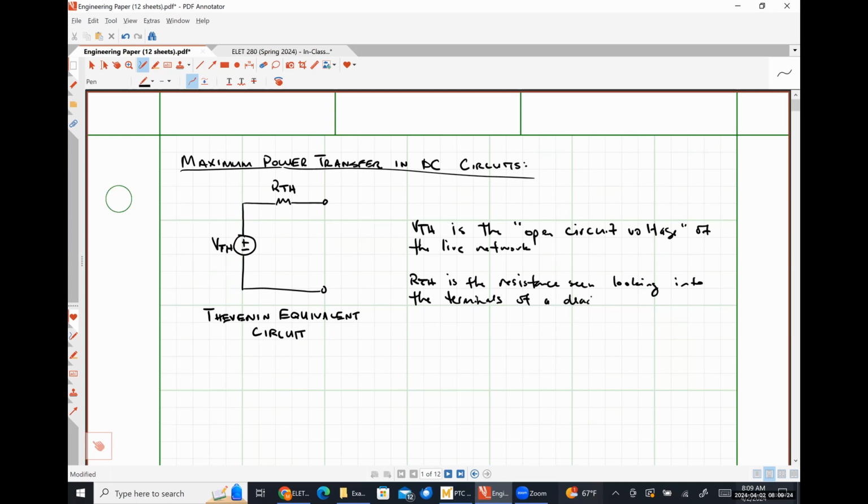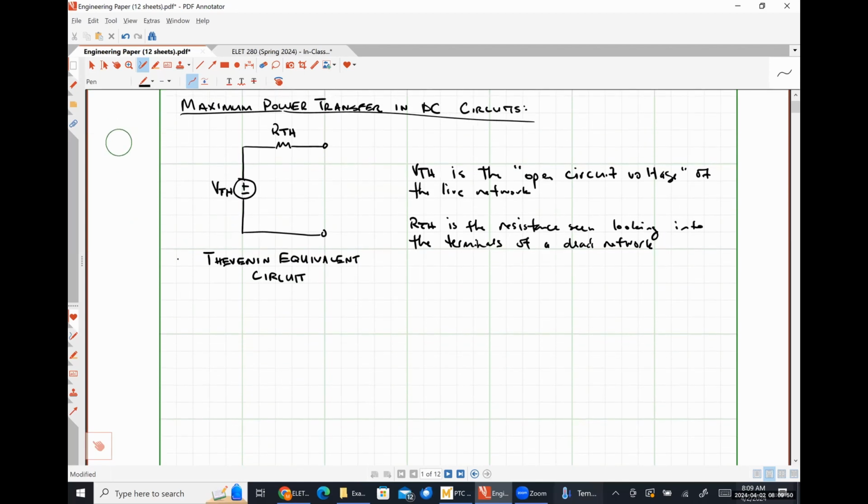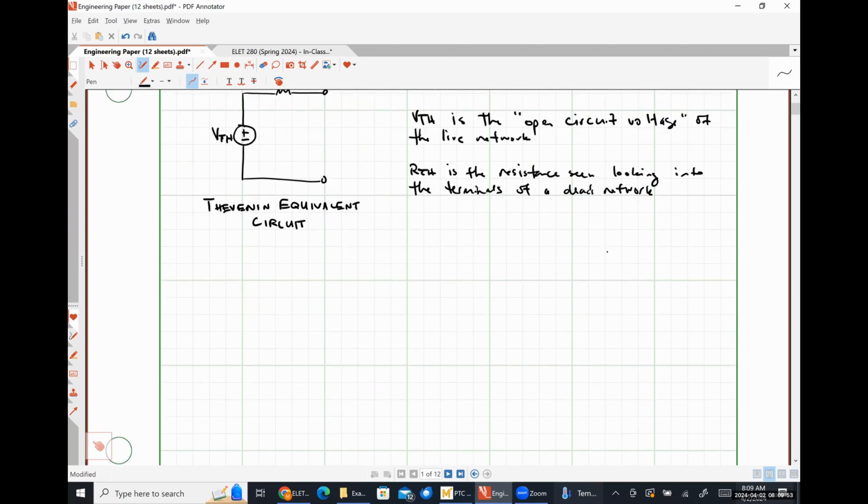of a dead network. Just so that we're all speaking the same language here, a live network means a network where all of our independent voltage and current sources are on, and a dead network means a network where all of our independent voltage and current sources are off. Okay, so just as a quick review, let's say that I had the following network.